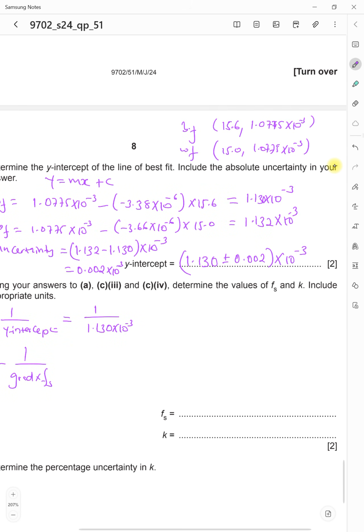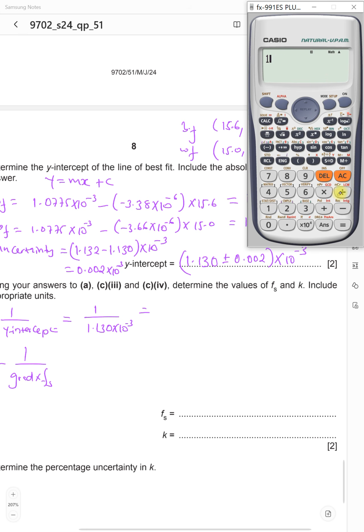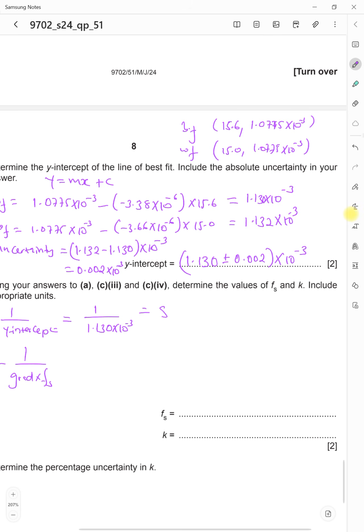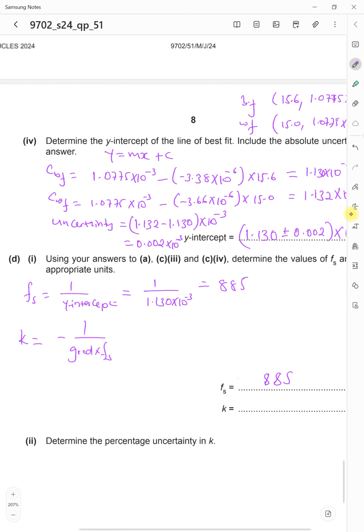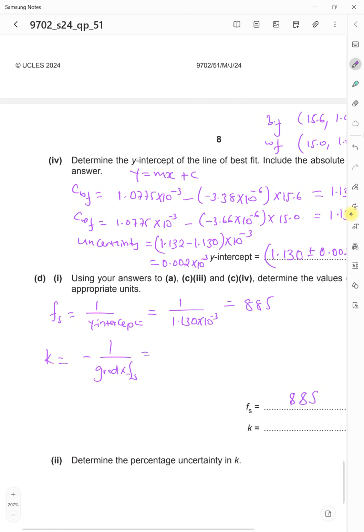So let me press the calculator here first. 1 divided by 1.13 exponent minus 3. So that is 885.